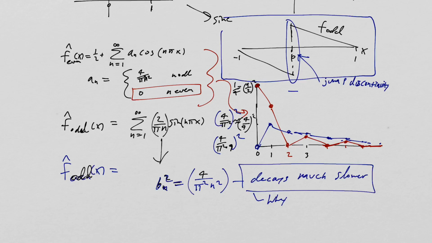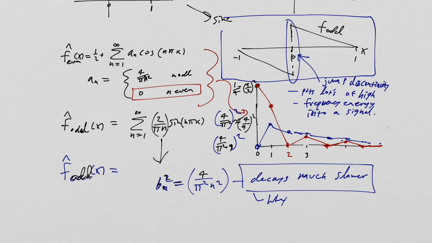So jump discontinuities always put lots of high frequency energy into a signal.